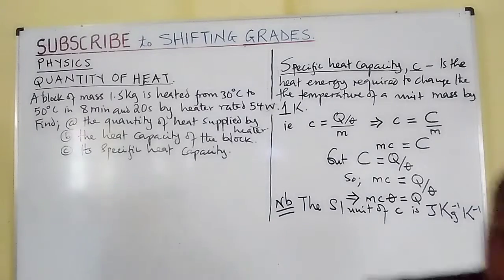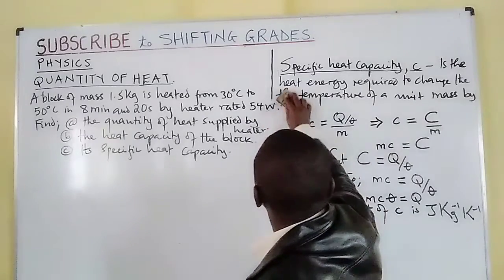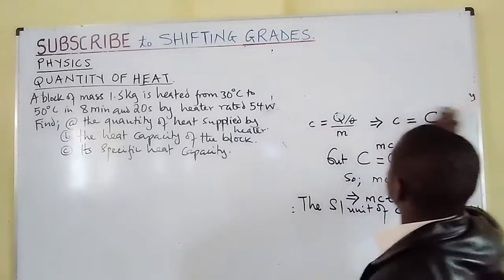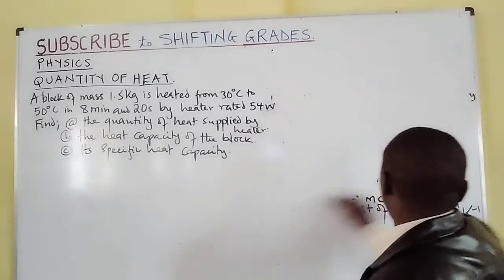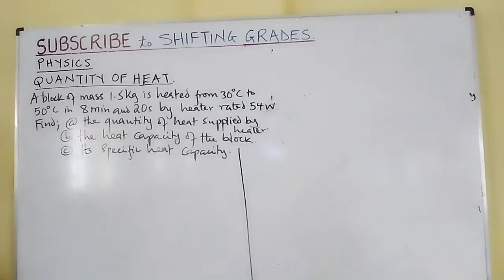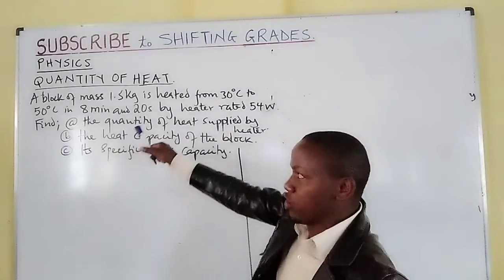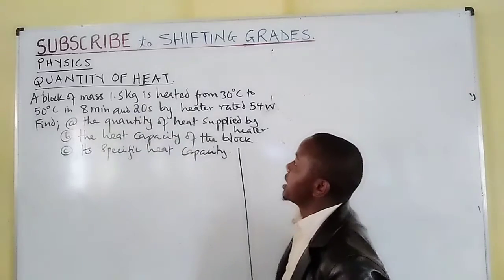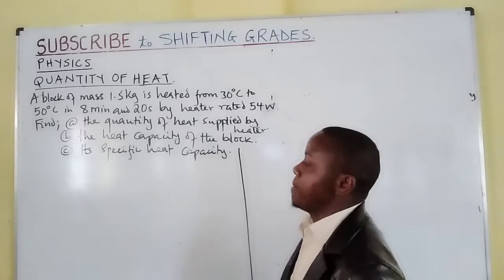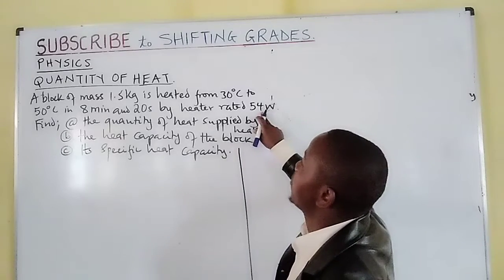I'd like us now to solve it together. Let me get my calculator. So we are told that this is a metal block of mass 1.5 kilogram heated from 30 degrees Celsius to 50 degrees Celsius in 8 minutes and 20 seconds by a heater rated at 54 watts.